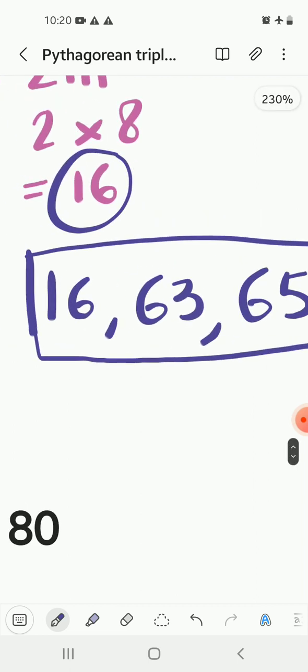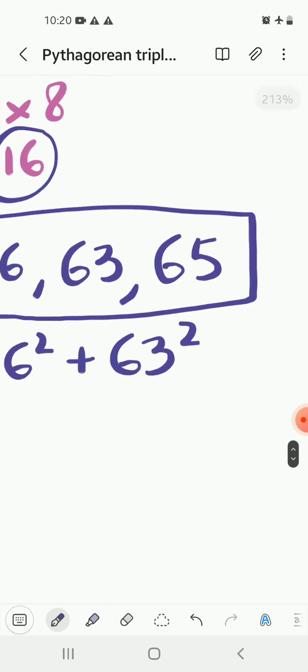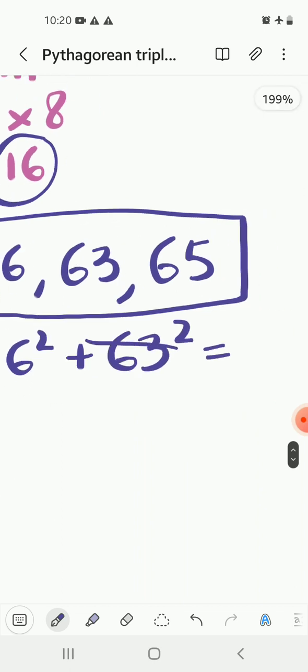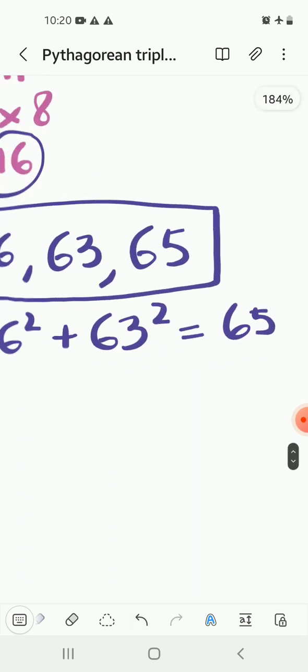Okay, let's check whether my answer is correct or not. For that, we have to see whether 16 square plus 63 square is equal to 65 square or not. Let's do it.